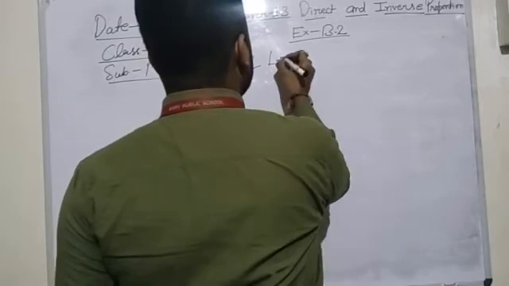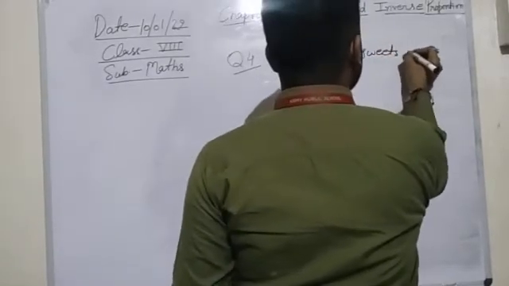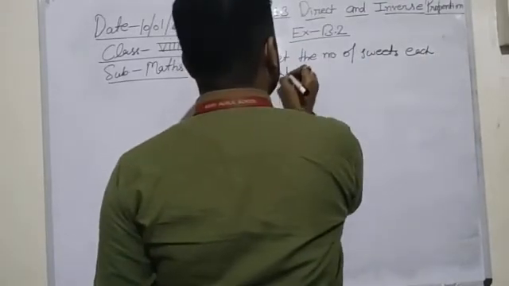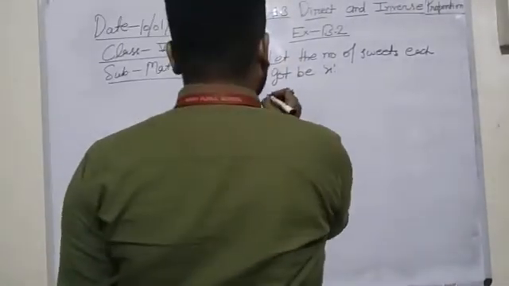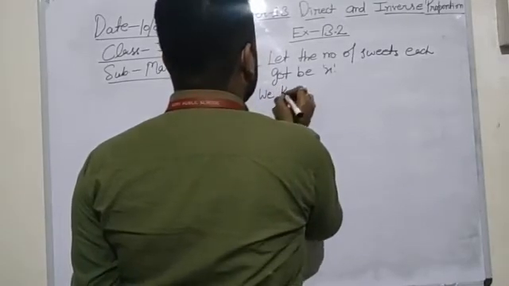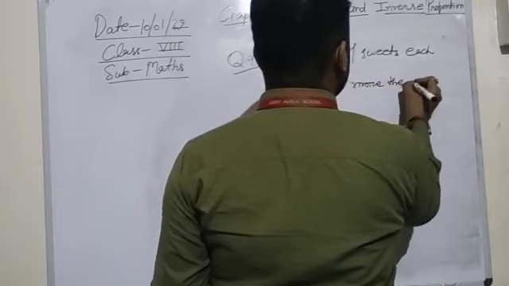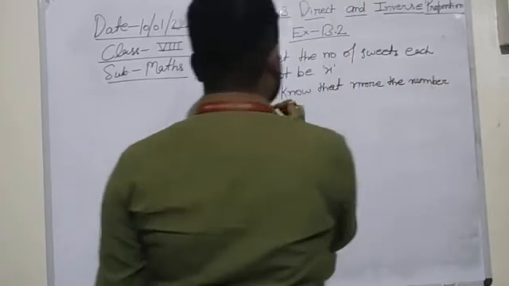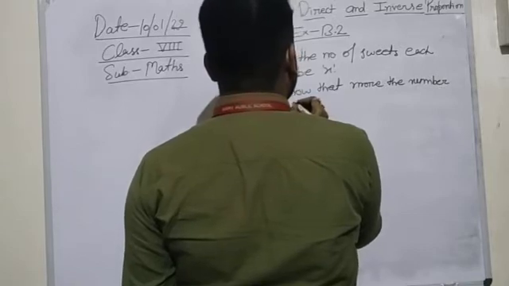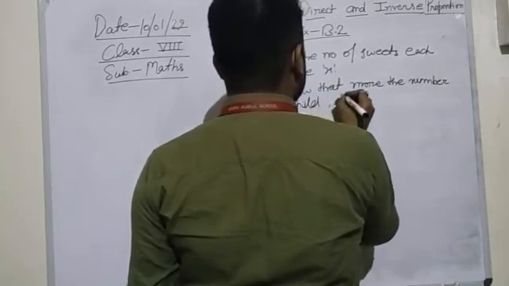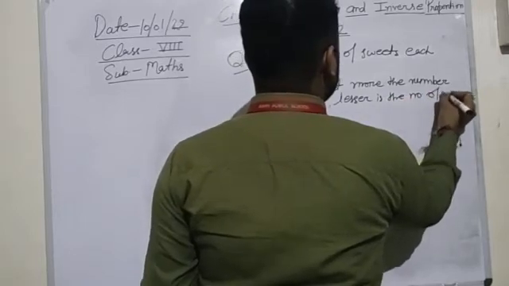Let the number of seats each got be x. Now we know that more the number of children, lesser is the number of seats.